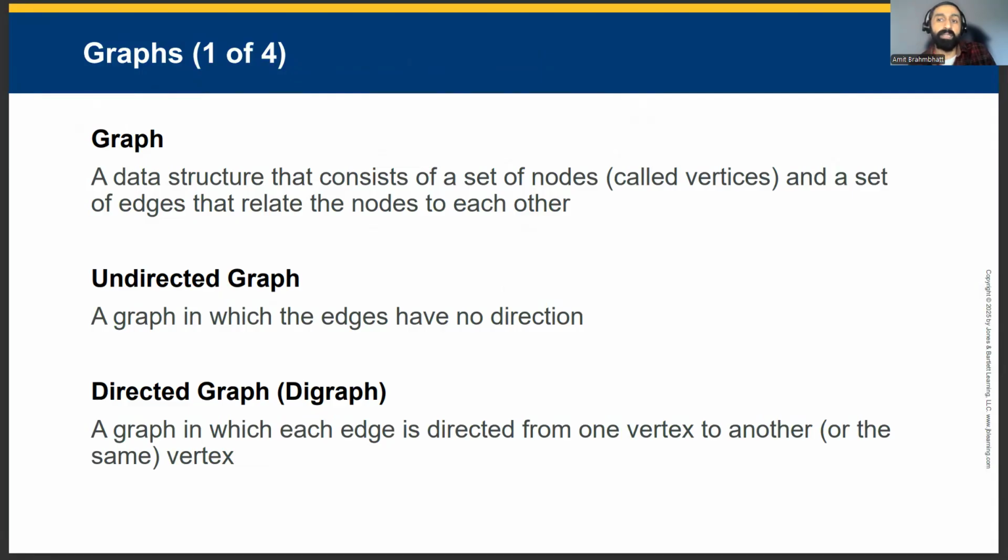Some graphs are undirected, meaning the edges have no direction, while others are directed, meaning each edge goes from one vertex to another specific vertex. Graphs can represent relationships like road maps, social networks, airline routes, or web links. They are incredibly flexible, making them essential in many computing applications.